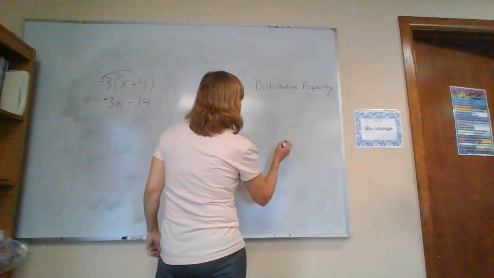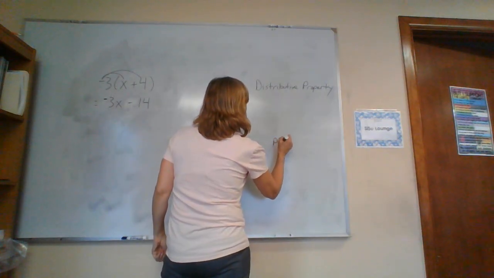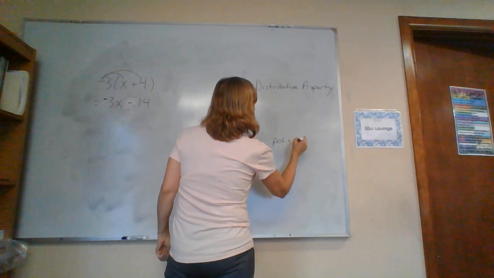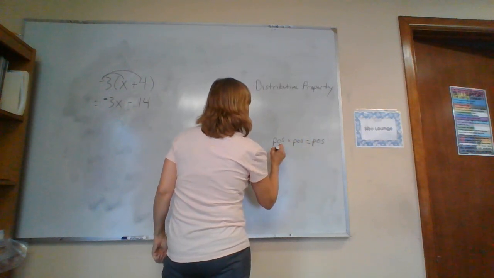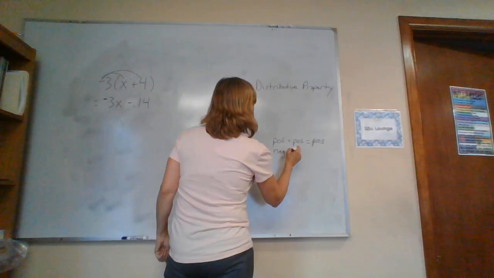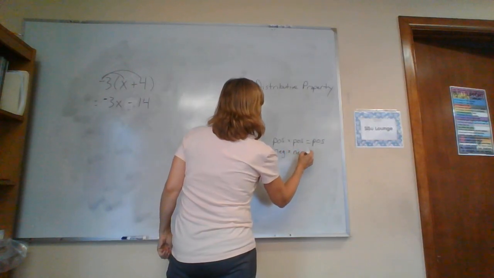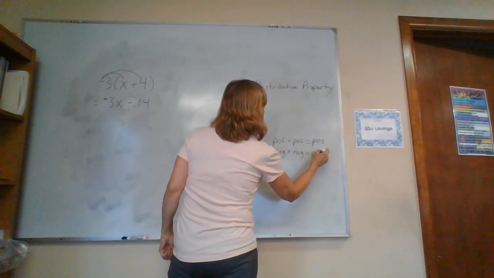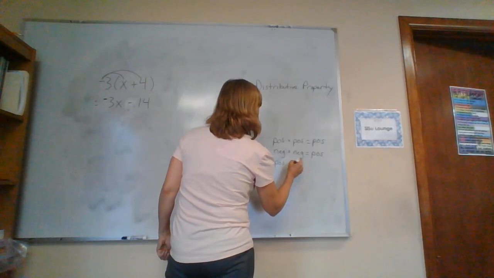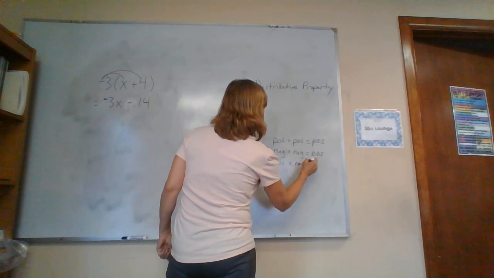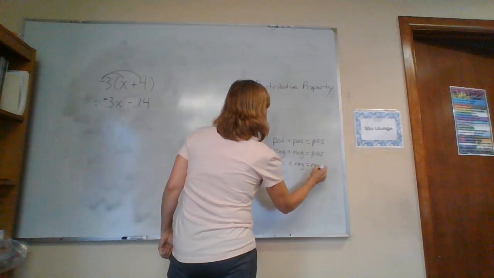In multiplying and dividing, a positive times a positive is a positive. A negative times a negative is also a positive. Signs are the same. A positive times a negative is a negative.